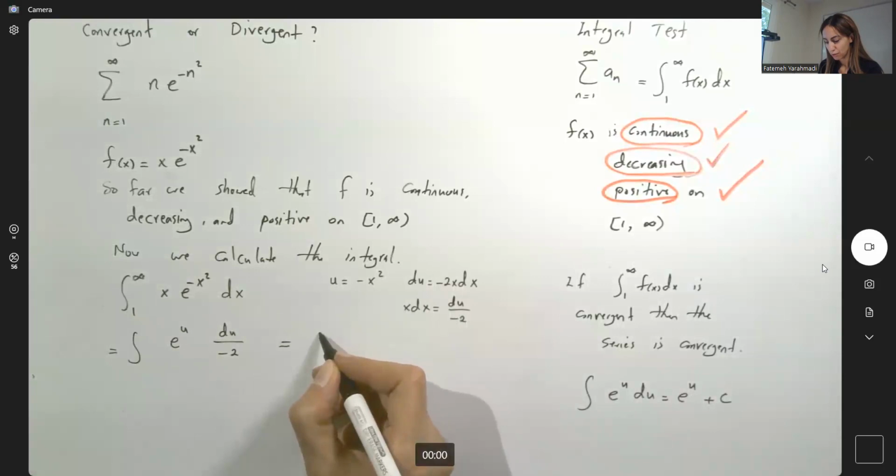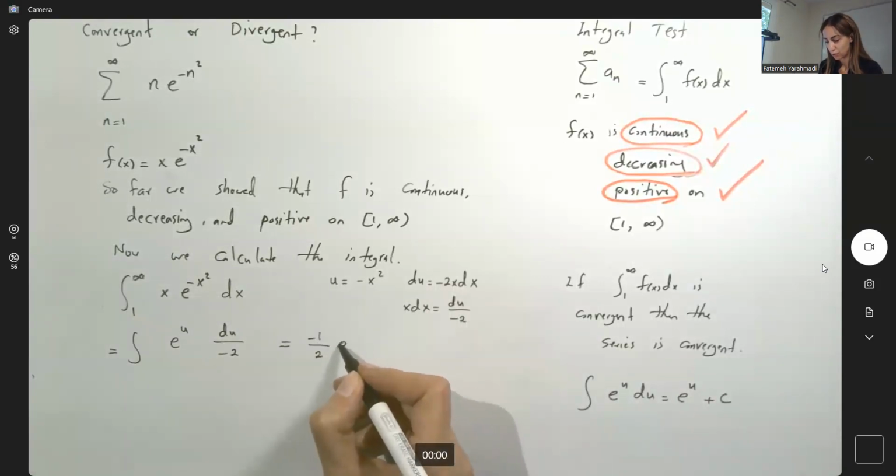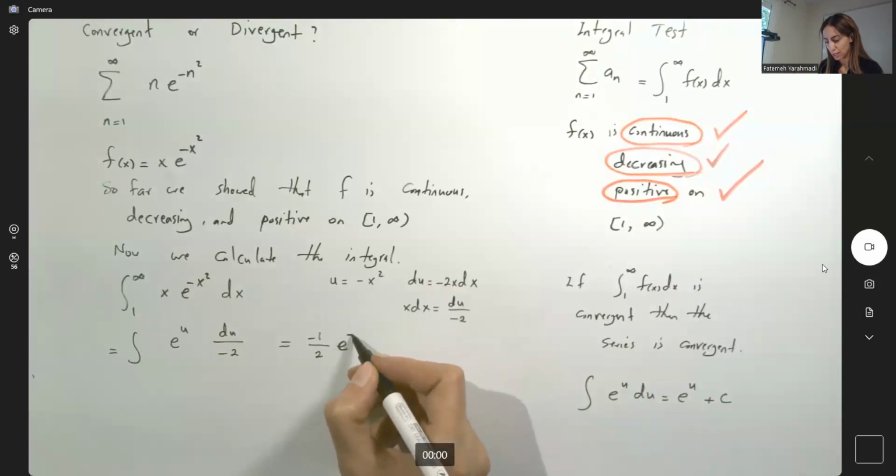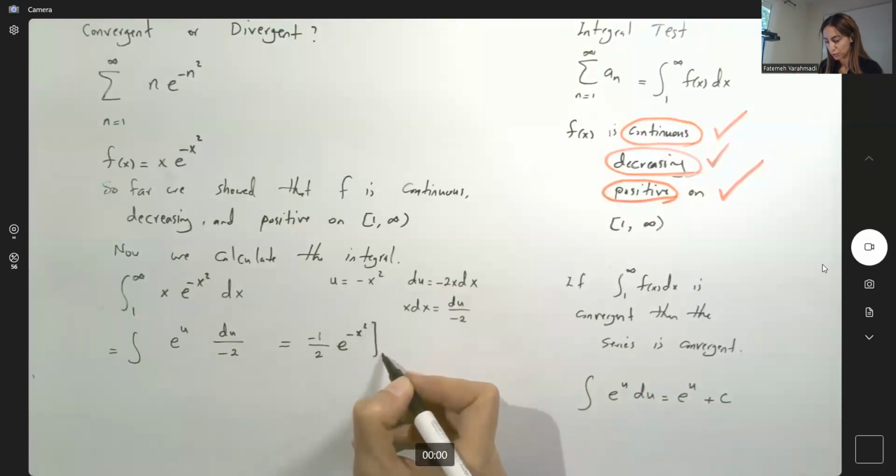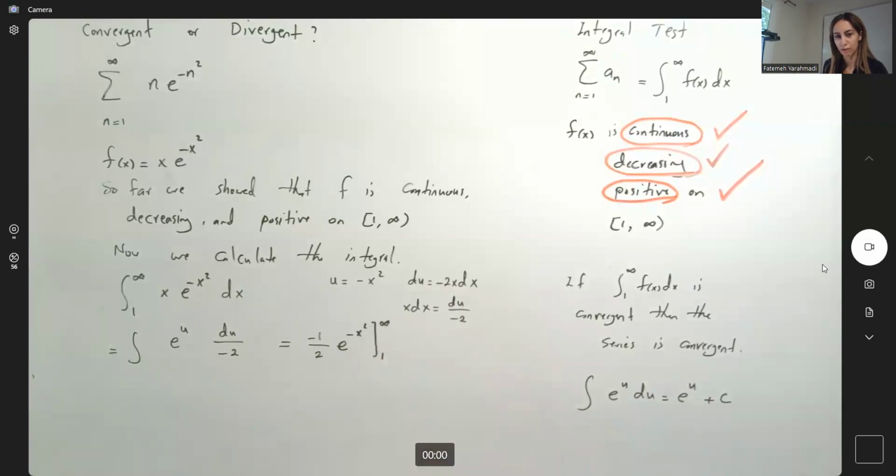We have 1 divided by 2 with a negative sign, and e to the power u, which is negative x squared. x ranges between 1 to positive infinity, which is easy to calculate for us. This is equal to negative 1/2 times 1 divided by e to the power x squared, x ranges between 1 to infinity.